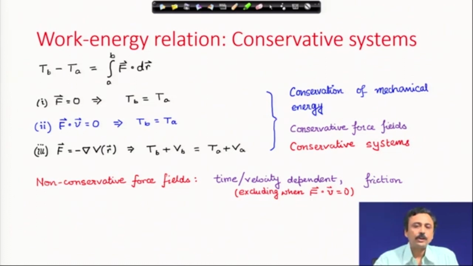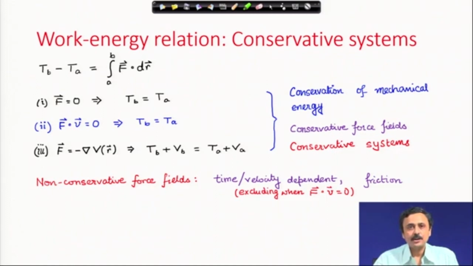Then the question arises, what are non-conservative force fields or non-conservative systems? Wherever the force is a function of time or velocity. Force as a function of velocity is very common, as you may know; viscous damping has a force which is dependent on velocity.